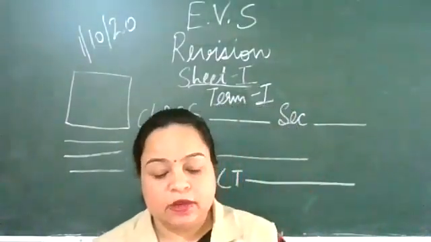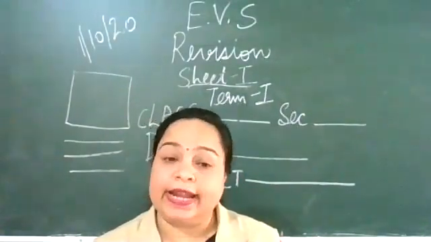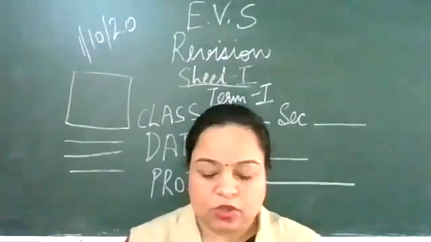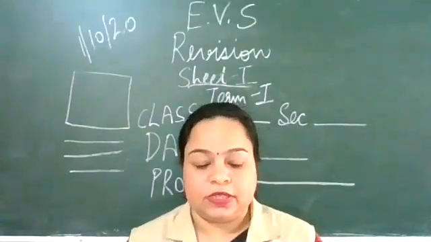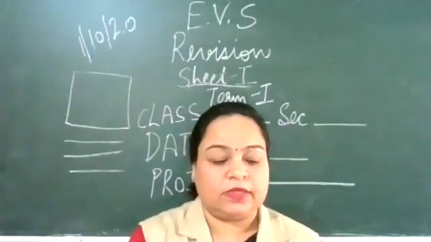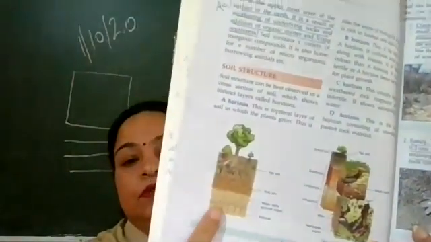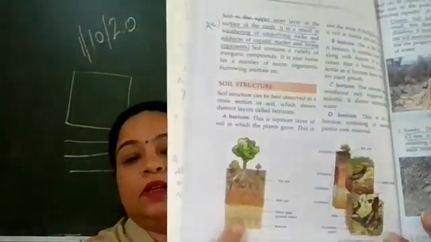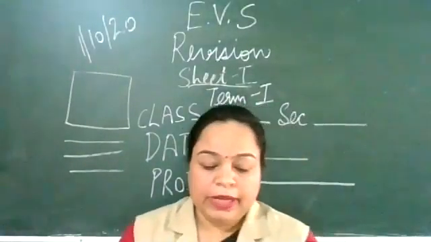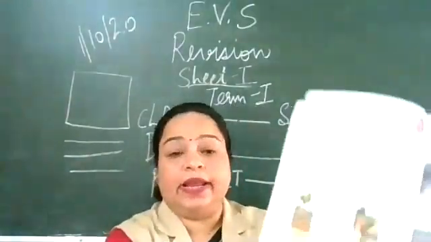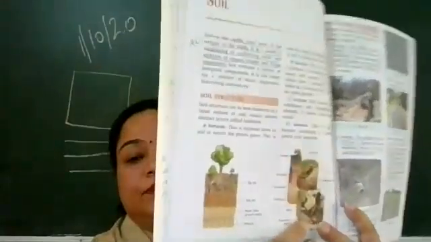The next is, draw a neat labeled diagram of the soil profile structure and explain it. This is given on page number 20. This soil structure diagram, please make both the diagrams, this one as well as that one, okay, children?